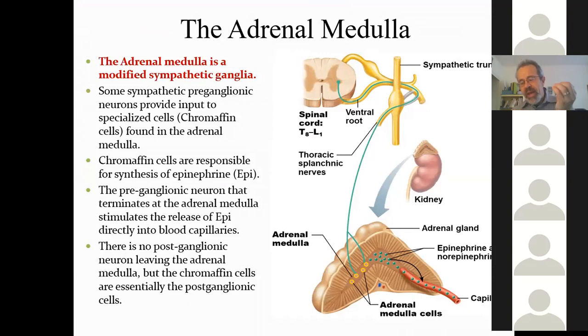The adrenal medulla, which is part of the adrenal gland, has a different relationship with the sympathetic system. First of all, where is the adrenal medulla? It sits on top of the kidney. This is the adrenal medulla. If you remember our typical pathway, we have a short preganglionic neuron and a long postganglionic neuron.